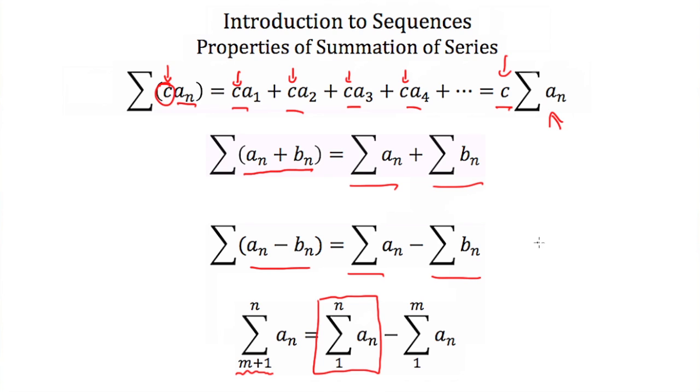So if I had the summation of some sequence from 7 to 3, lots of times it's easier to find the summation of this same sequence from 1 to 7, and then just subtract the summation of the same sequence from 3 to 1. So these are the 4 properties of the summation notation that you should be aware of.